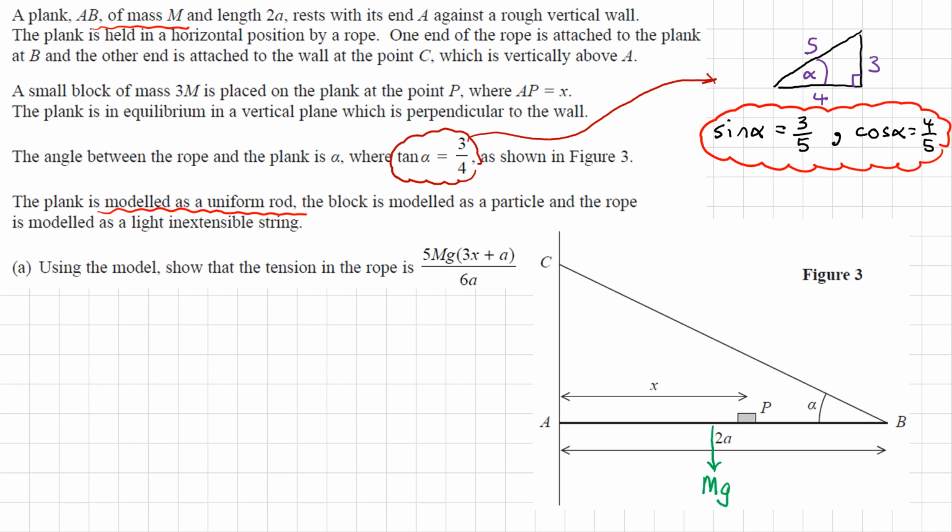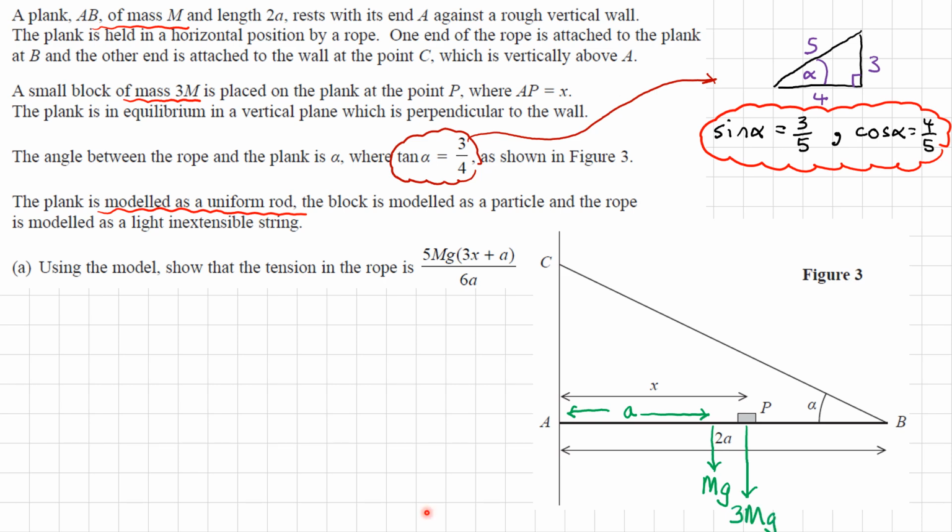Because that's in the centre of the rod, we have a distance of a from the end of the plank. We've also got the mass of the small block, so its mass is 3m. So I'm going to put a weight here of 3mg.